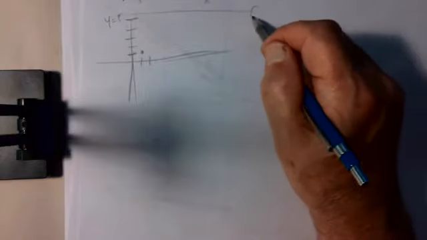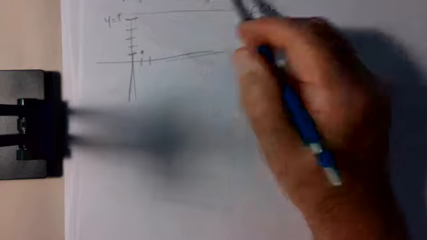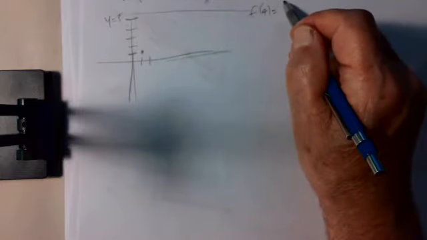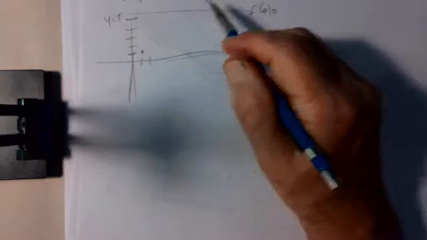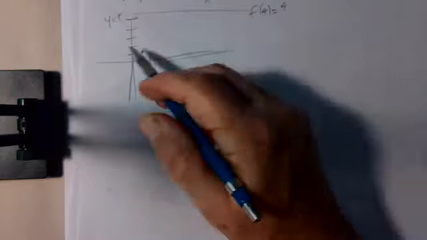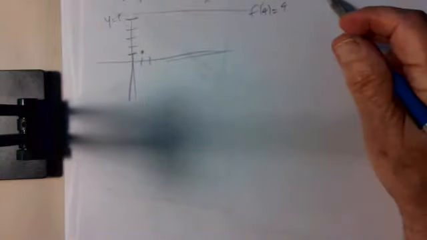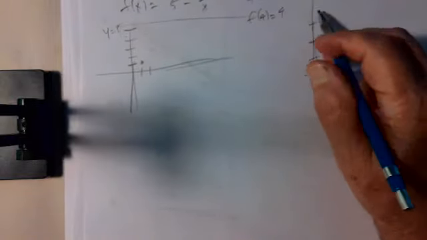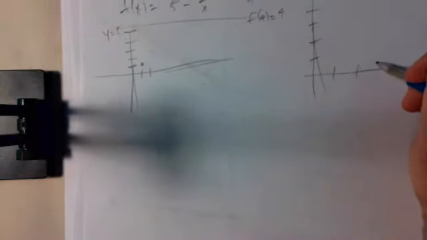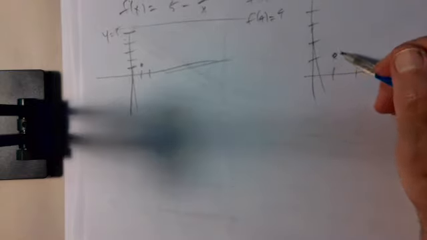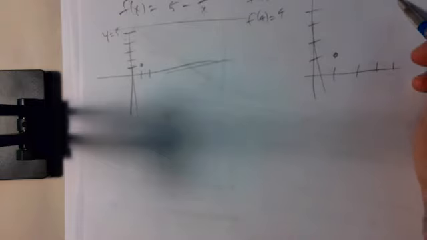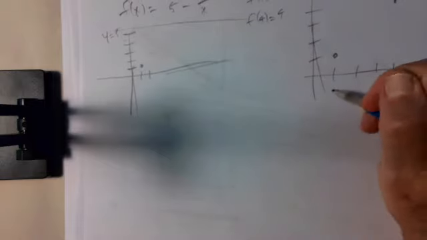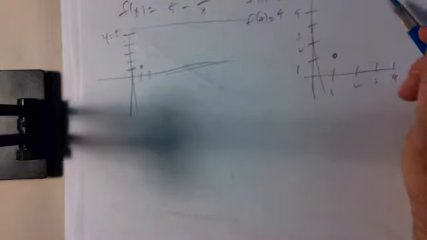When x is 4, it takes on the value 4. Let me draw a better picture of this. So it's 1 at 1. It's 4 at 4.